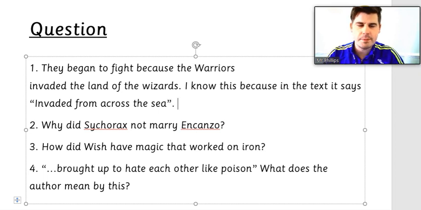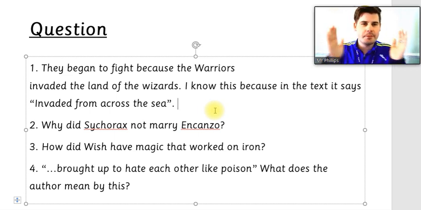I'm not going to put a piece of punctuation there, even though that is very different to how we punctuate speech and writing. I'm not going to put it there for a quote. So they began to fight because the Warriors invaded the land of the Wizards. I know this because in the text it says invaded from across the sea. Perfect. 2 marks. Moving on.